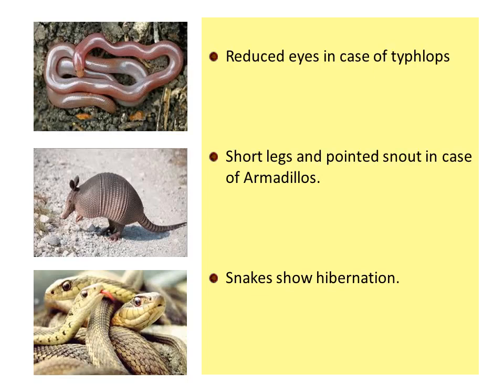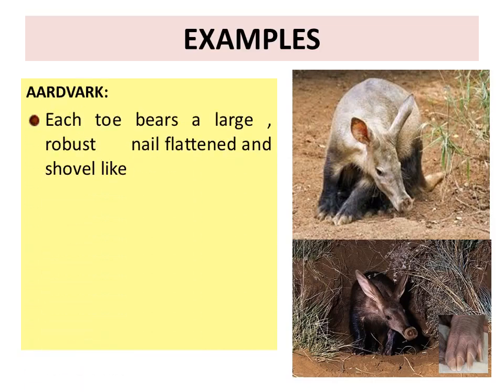In the case of Typhlops, you see the presence of reduced eyes, strong short legs and a pointed snout. In the case of armadillos, they are present, and the snakes show hibernation. Coming to a few examples, the first example is the aardvark.